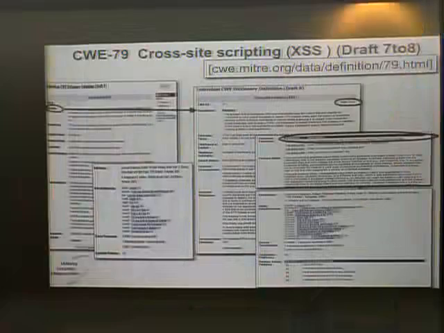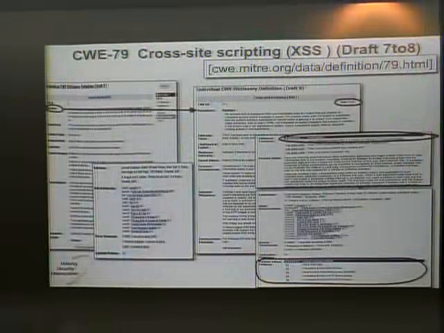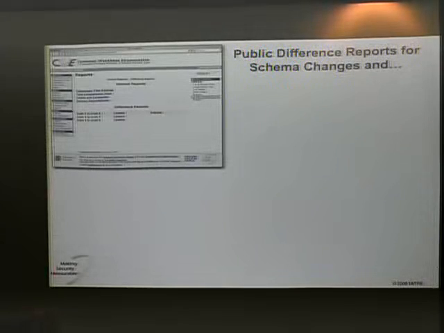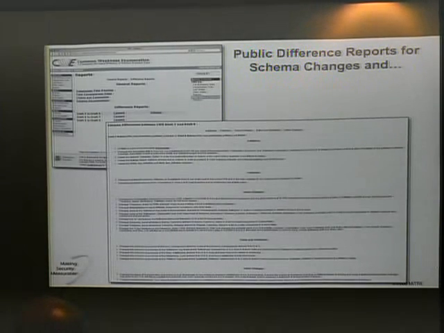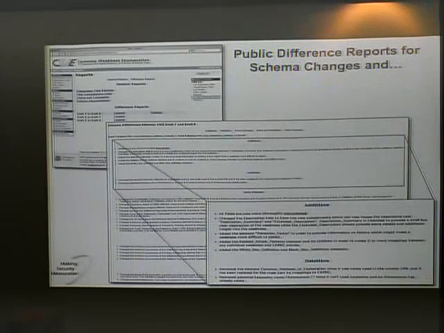That's been a problem. So those KPEC IDs are in there. Another thing is we have a bunch of people now trying to follow what we're doing. So we've added diff reports, changes in the schema, as well as changes in the content.